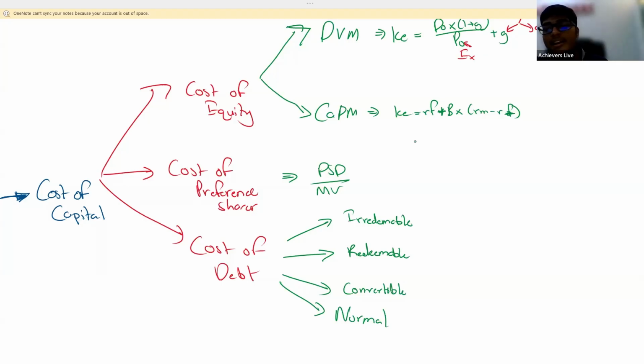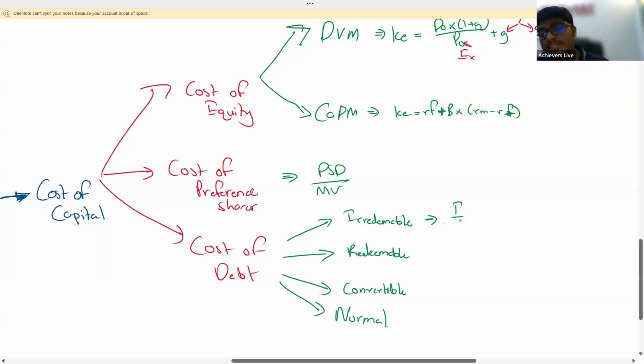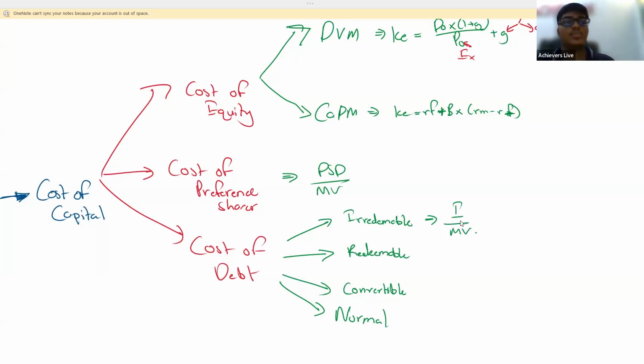So irredeemable debt, how do you calculate? Interest over market value? Is this correct, guys? Is this correct? Interest over market value? No, you have to adjust for the tax saving. Interest into 1 minus T. Very good. You're on the top.